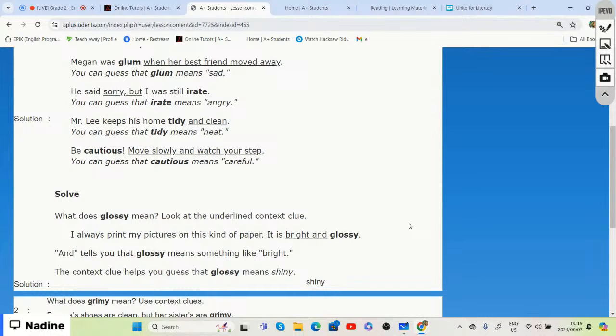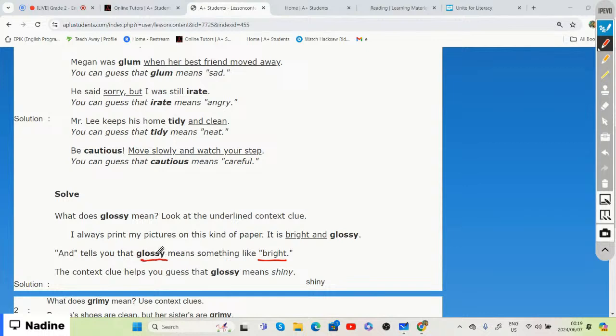So glossy can mean that it is bright. So glossy can mean that something is bright, or we can say something is shiny. Yeah, so shiny is correct. So it can either say it is bright, or we can say it is shiny. So well done, shiny is correct.